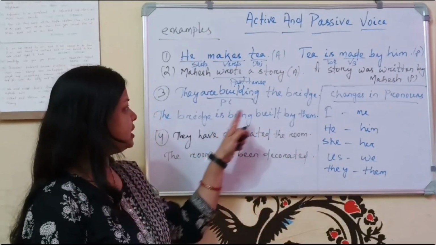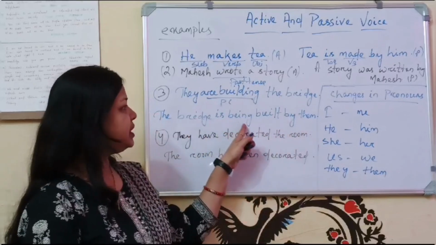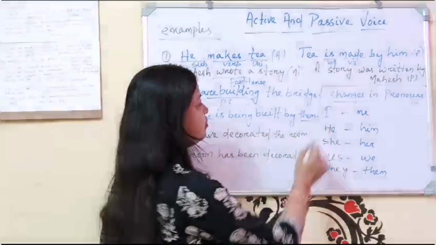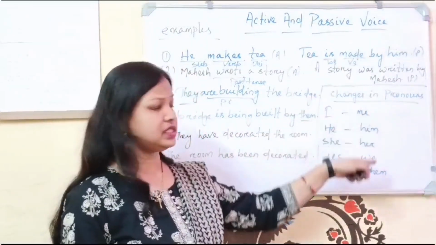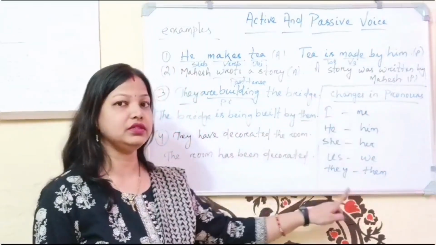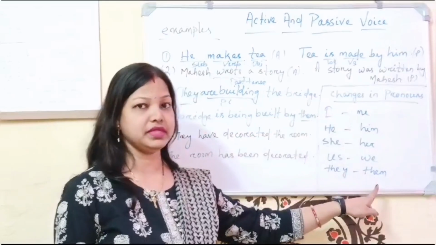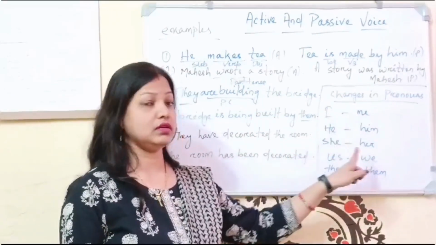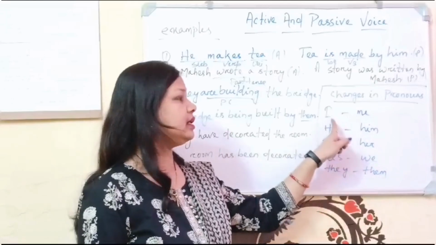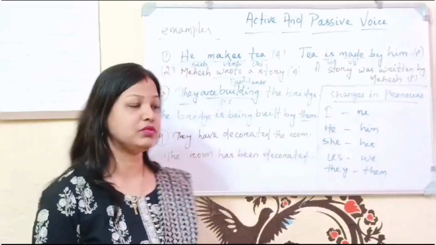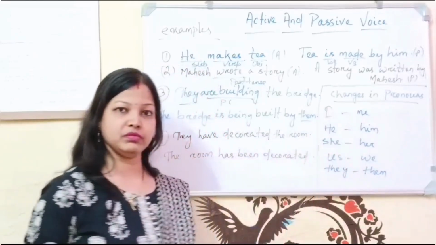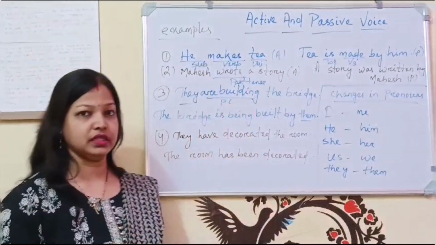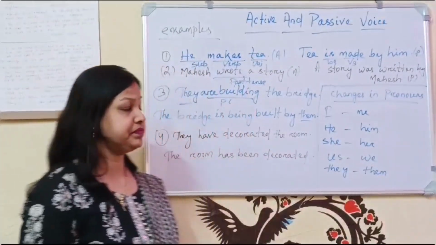So here it is written, the bridge is being built by them. They becomes them here. You can see some changes in pronouns I have already written here. You can read it. They will become them. He will become him. She becomes her. We becomes us and I becomes me in passive voice. These we use in active voice, and in passive voice they change like this, so you have to read this.